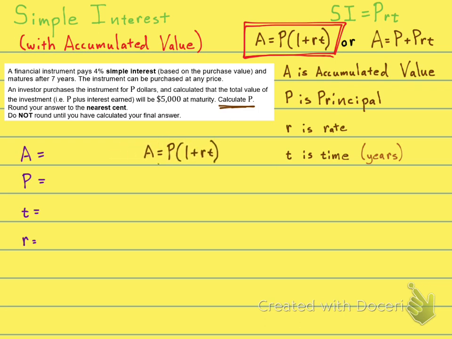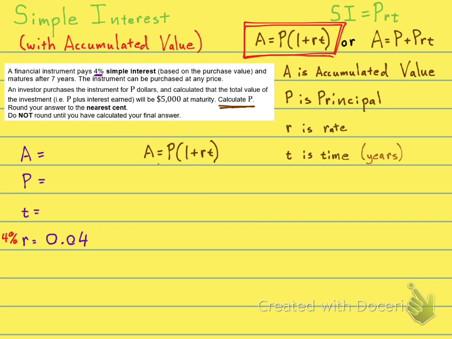Here's my formula. And let's list the things that we know. It tells us 4% simple interest. So that's my rate. My rate is 4%. I'm going to write down 0.04 because when we use a rate in a formula, we want to use the decimal form. 4% divided by 100 is 0.04.